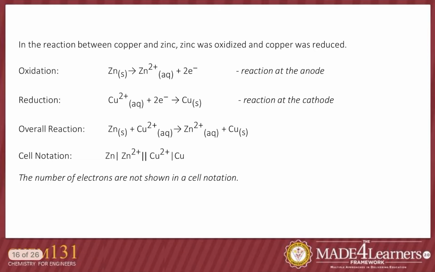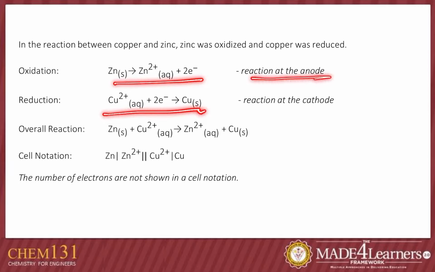Here we go back to the zinc and copper. We recall that zinc was oxidized and copper was reduced in the reaction. So what we have here is the oxidation of zinc and the reduction of copper.